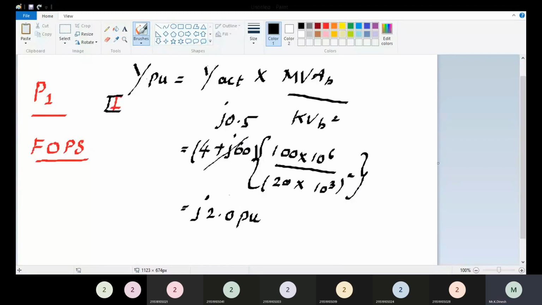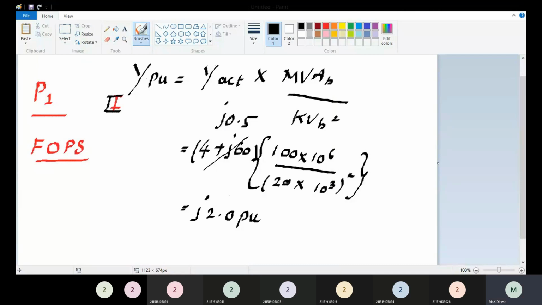In the first question we solved Z per unit and Y per unit. Next is the second question. The per unit impedance of an alternator corresponding to base values 13.2 kV and 30 MVA is 0.2.